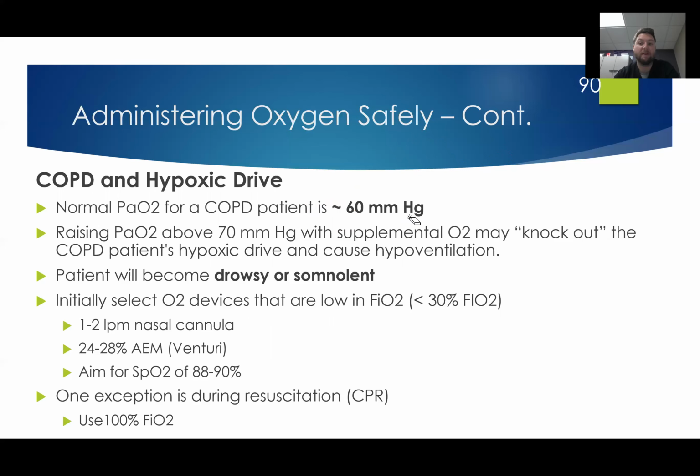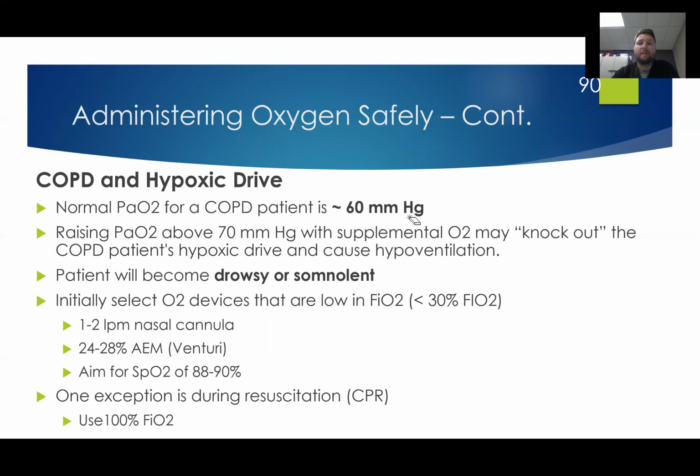and cause hypoventilation. What that means is, there's a whole process to it, but basically the way your body works is you have these chemoreceptors, and they measure the amount of carbon dioxide in your blood, and that's what tells your brain to breathe and how fast to breathe for a normal person.